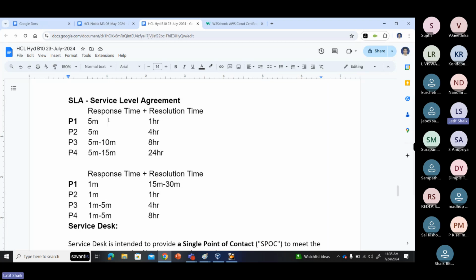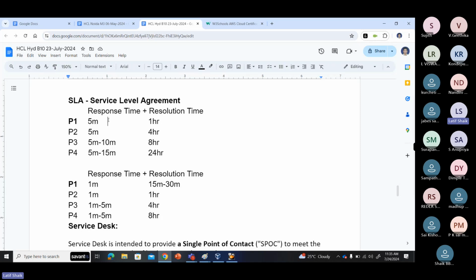For example, you are supporting the Udemy website. Udemy servers you are maintaining, or w3schools.com servers you are maintaining. Now the server is down. Multiple users, thousands, lakhs of users, are unable to access it right now. As per that, it is a P1 priority.